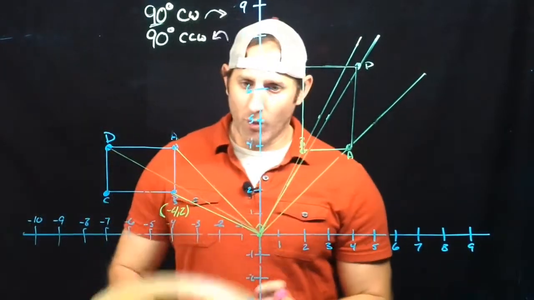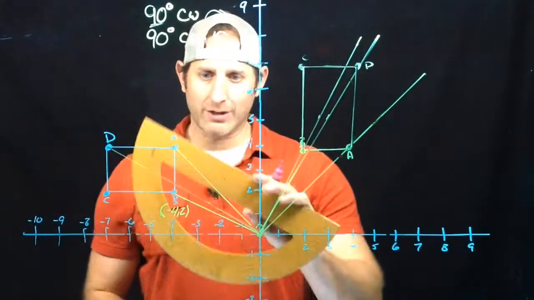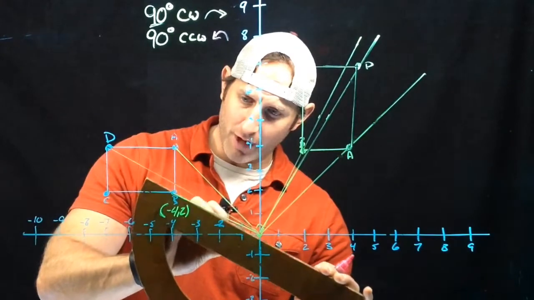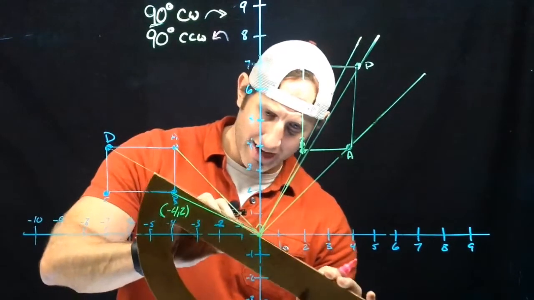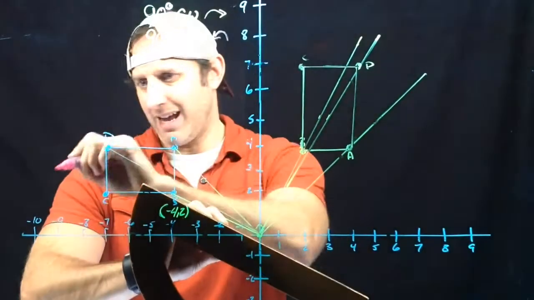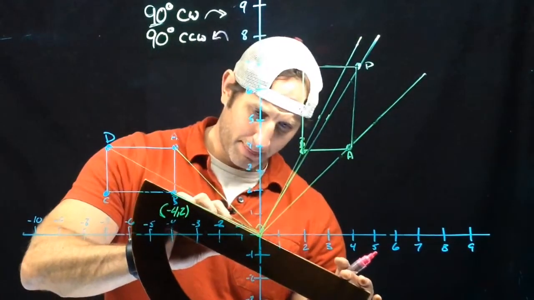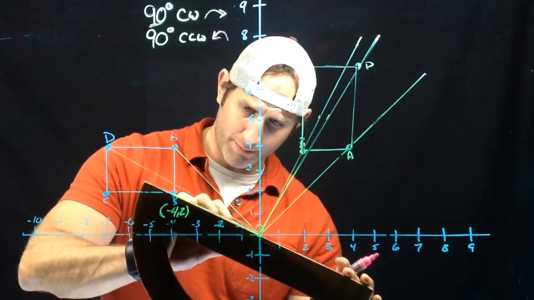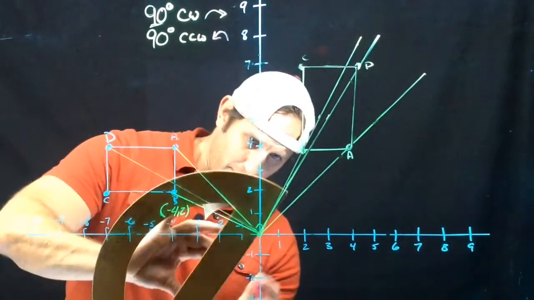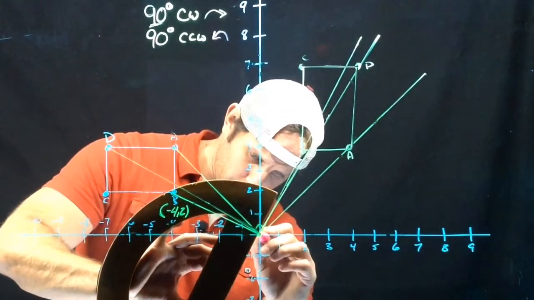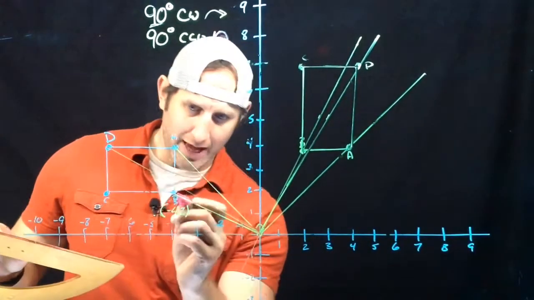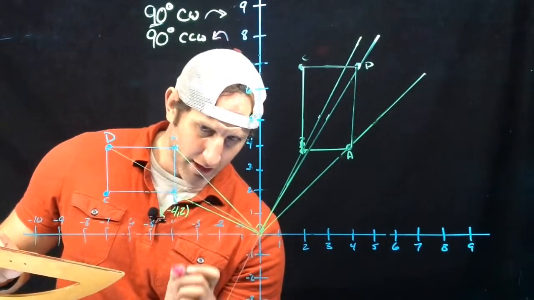So in this case, what I'm going to do is flip my protractor around, and I'm going to make a 90-degree line from B to center, and then counterclockwise will put me in this direction. So I'll go about there. Make my line.